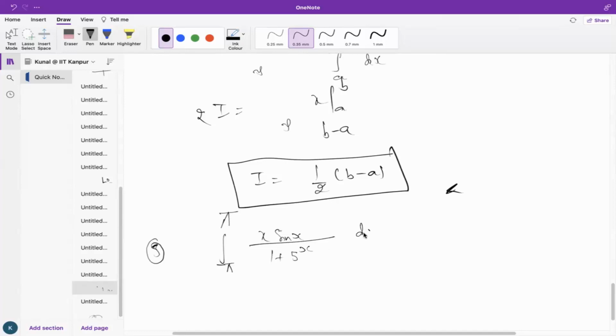Look at this problem. There is x, an algebraic function, sine x is a trigonometric function, and in the denominator there is an exponential function, right?